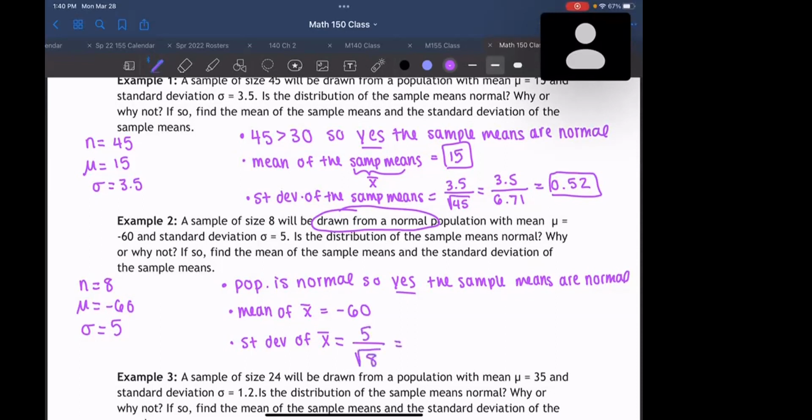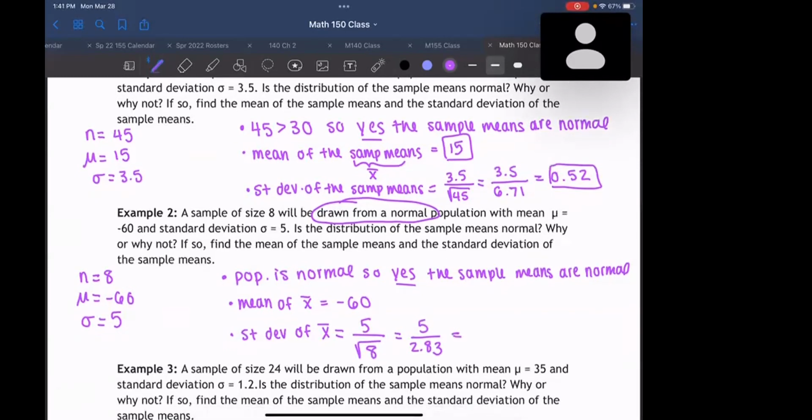Remember, when you're calculating this, do the square root of 8 first in your calculator and write it down so you don't make a mistake. I didn't do that, but I'm getting 2.83 on the bottom, okay? Then I'm gonna go and divide 5 divided by 2.83 to get 1.77. Any questions on how I got these two values?